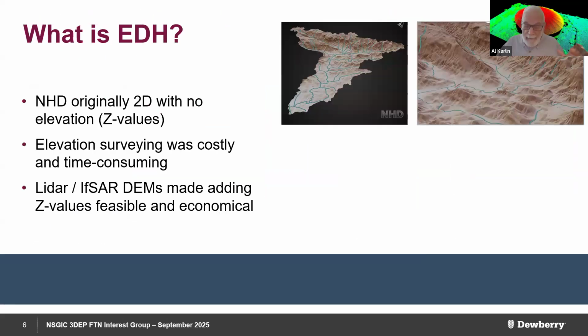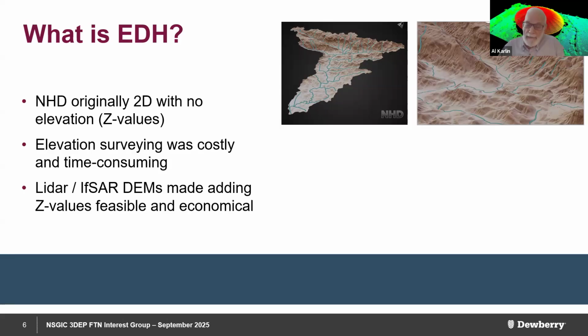So I know I'm probably speaking to the choir, but just in case there's somebody out there who is not familiar with EDH, elevation-derived hydrography, when the National Hydrography Dataset was constructed in the early 2000s, it was constructed with a 2D geometry.